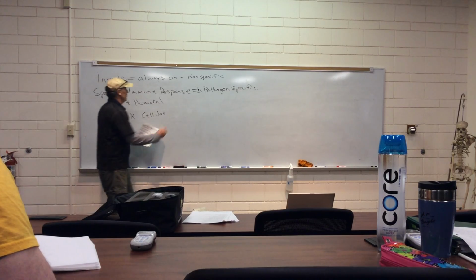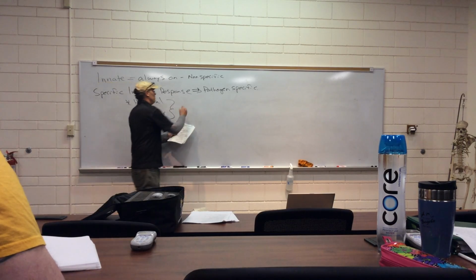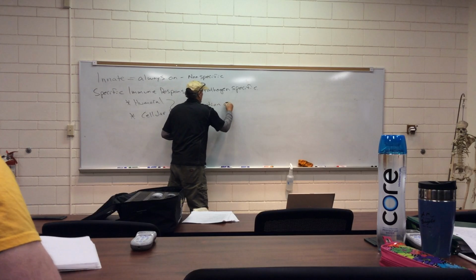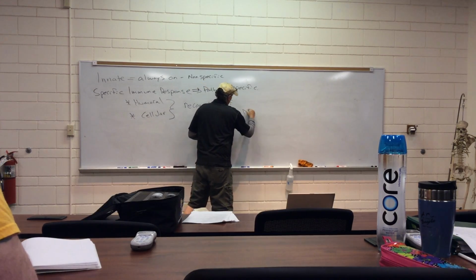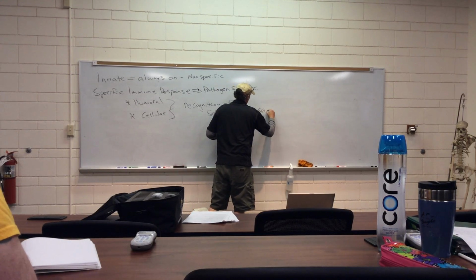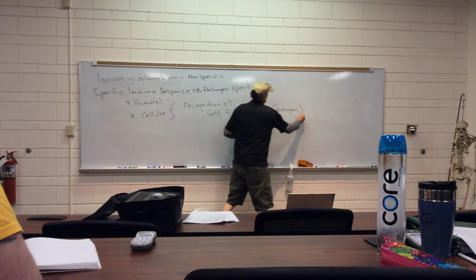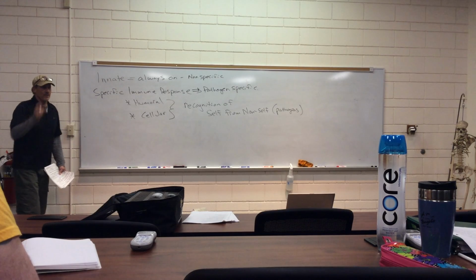Both of these systems, it's key that we have this recognition of self from non-self. And by non-self, we think of it as pathogens. Because what we don't want to do is spur an autoimmune response towards your tissues.